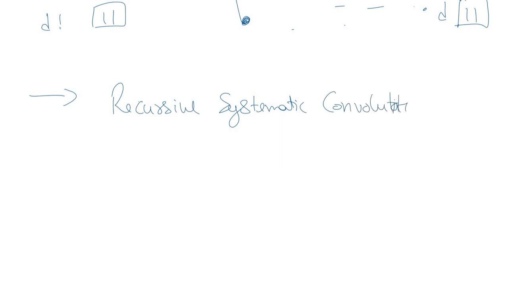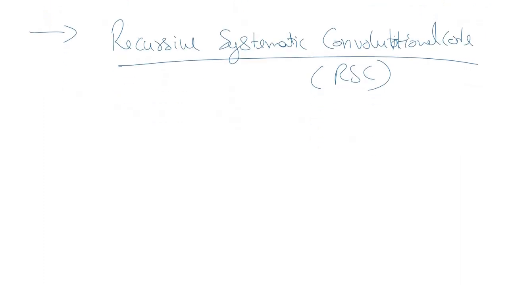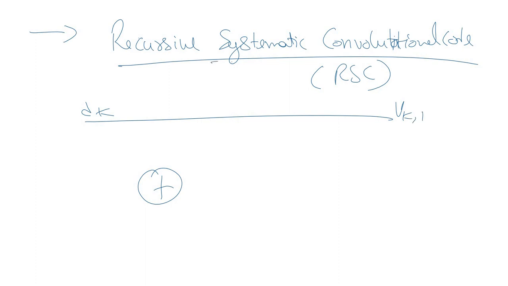If the convolutional encoder has feedback branches, then we can make it an RSC type, that is a recursive systematic convolutional code. With the data directly as one of the outputs, this is because we are in a systematic type of diagram.